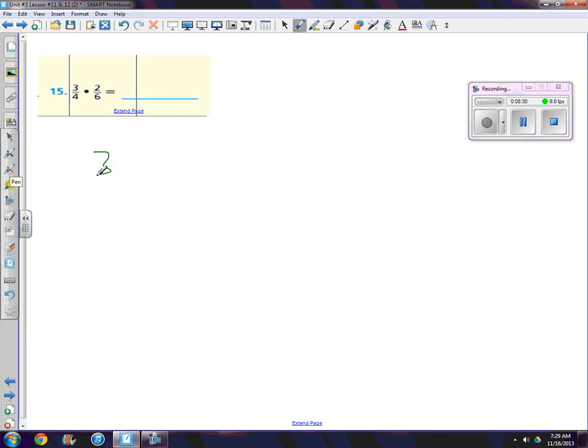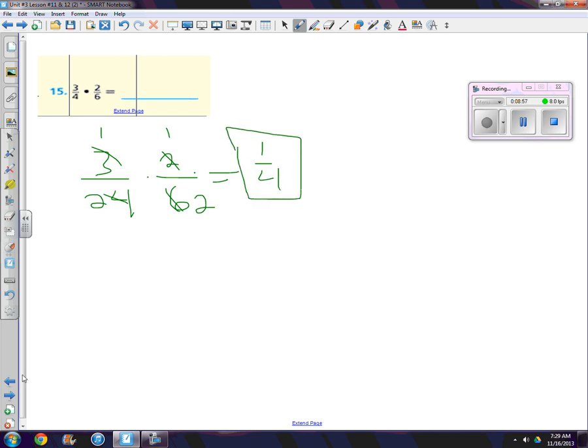The first thing I would do is simplify. 3 and 6: 3 goes into 3 once, 3 goes into 6 twice. 4 and 2: 2 goes into 2 once, 2 goes into 4 twice. 1 times 1 is 1, and 2 times 2 is 4. So 1/4 would be your final answer. Okay, copy that one down, number 15.